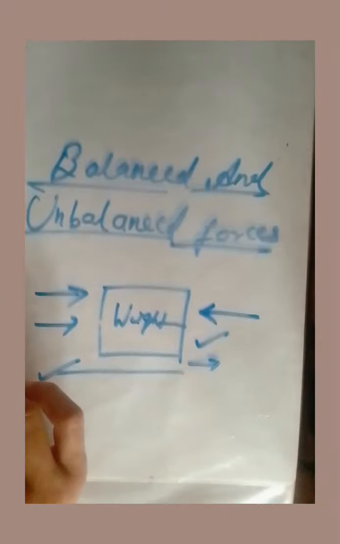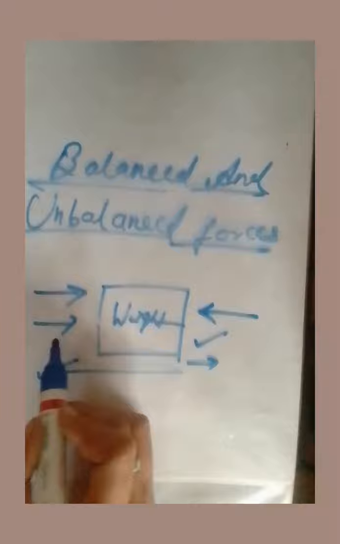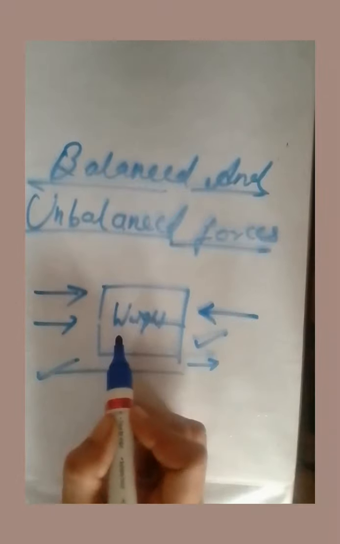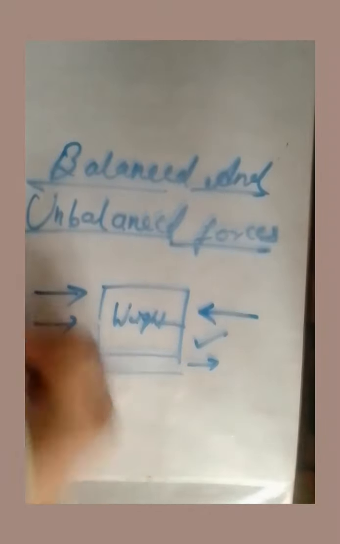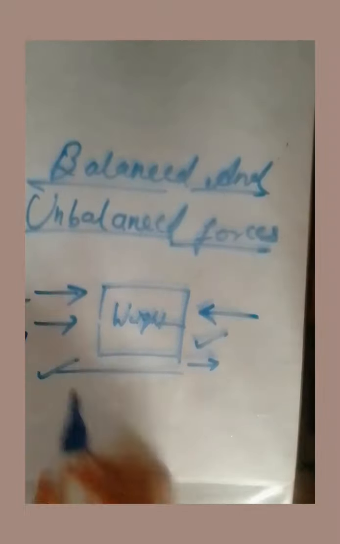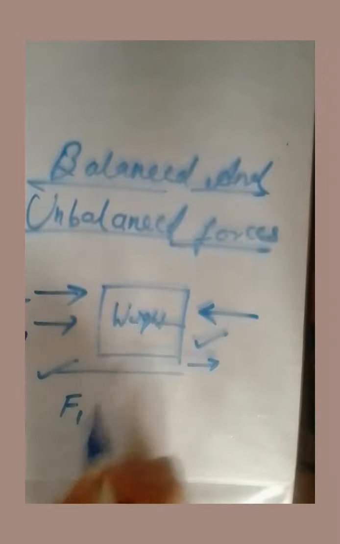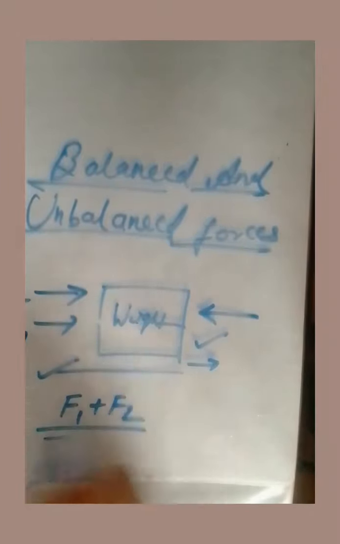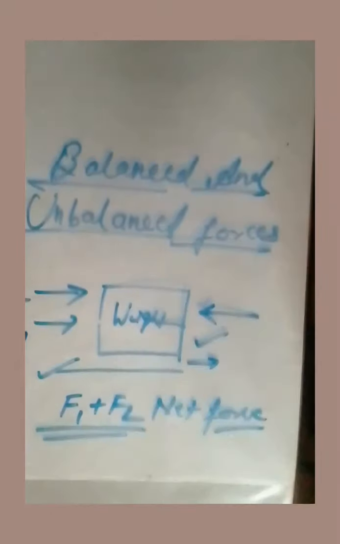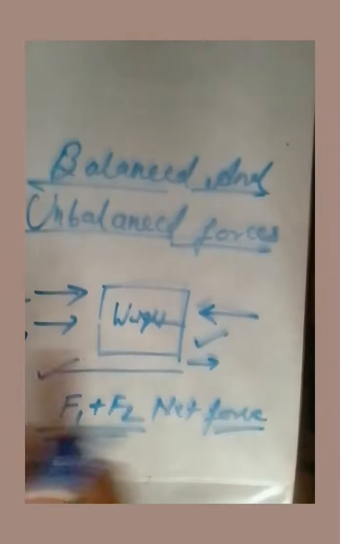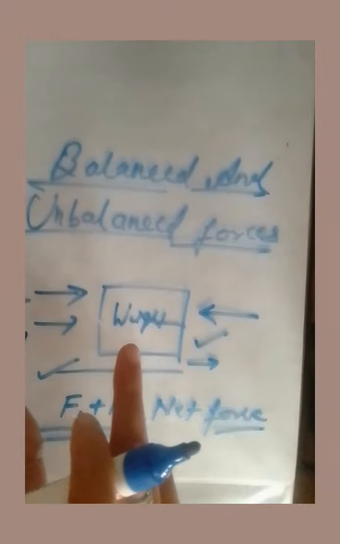When your friend pushes the carton in the same direction, his effort will add to your effort. For example, F1 is your effort and F2 is your friend's effort. Then F1 plus F2 will be the net force applied to move that object, the carton we have taken here as the example, right?